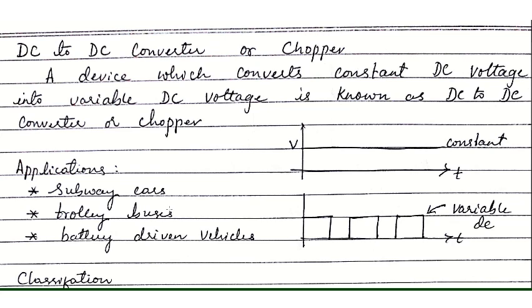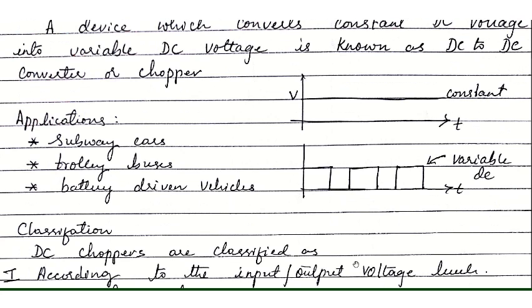As you can see here, this is our constant DC supply, the DC voltage. What you can observe here is the variable DC. If you have a circuit which can give you this variable DC, then that circuit is nothing but a chopper.